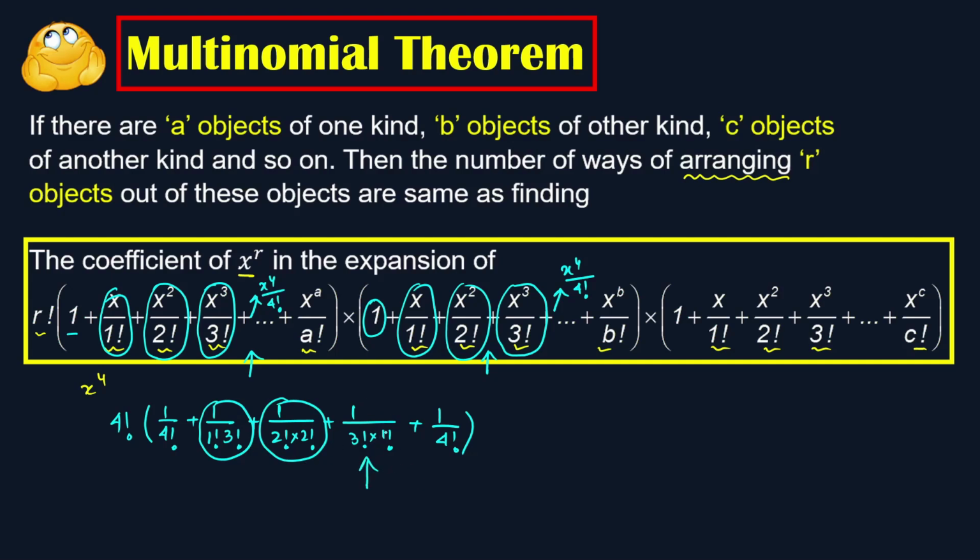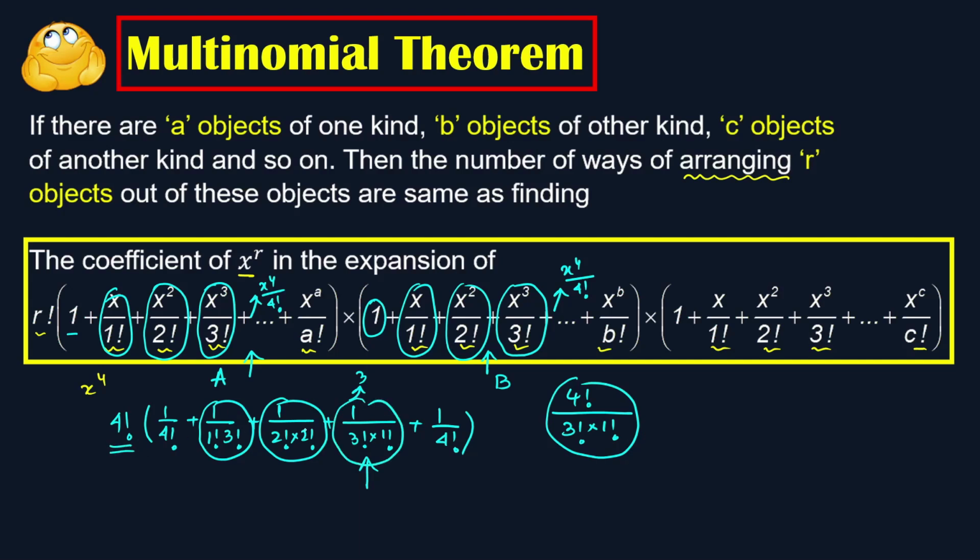You are taking 3 objects from group A and 1 object from group B. So now you have 4 objects. These 4 objects can be arranged among themselves in factorial 4 divided by factorial 3, since 3 objects are identical, and divided by factorial 1. That is exactly what we have multiplied here.